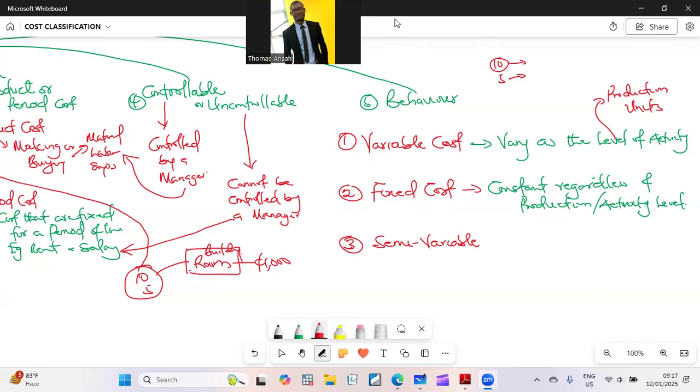Another terminology that we use for this kind of thing is step cost. So you see these kinds of costs have a mixture of variability and also a mixture of fixed. So semi-variable cost, or semi-fixed cost.